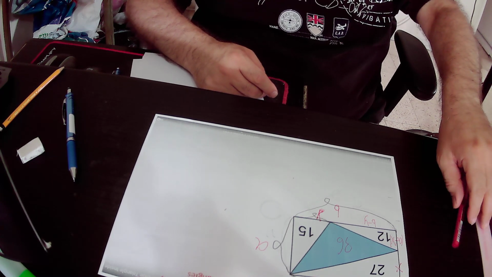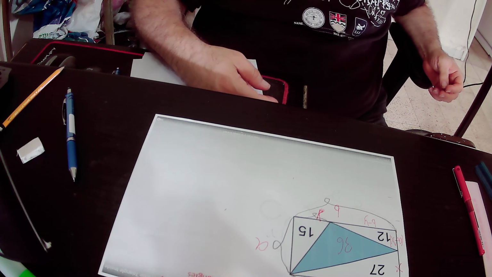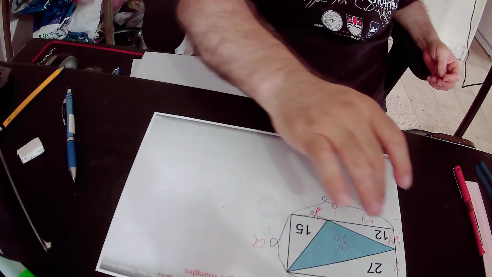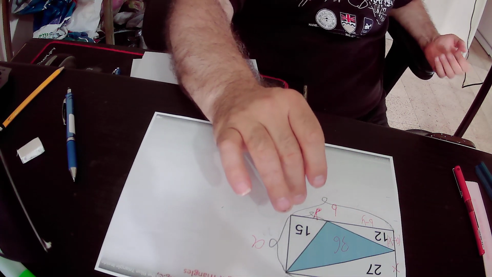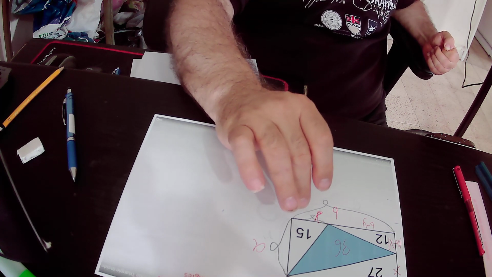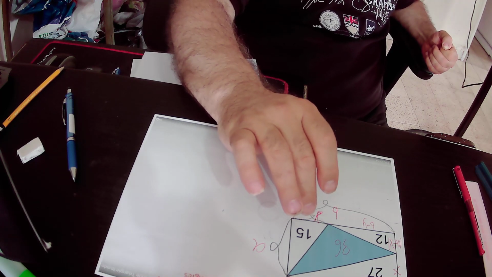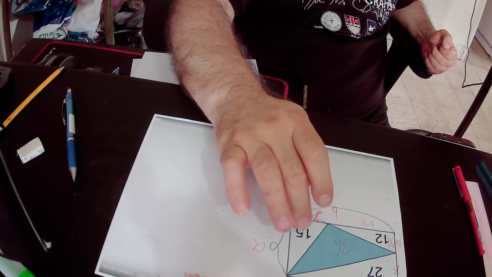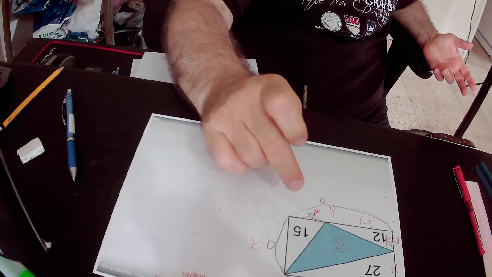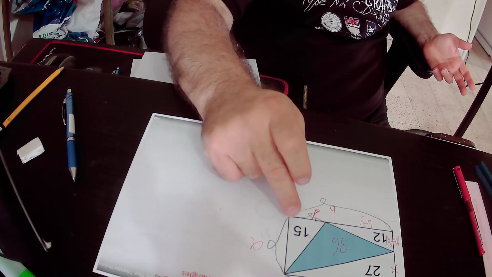So in order to find the value of A times B, we created three equations that are the expressions for the areas of those three right triangles that are given to us. The formula for the area of this right triangle is the base times the height divided by 2.